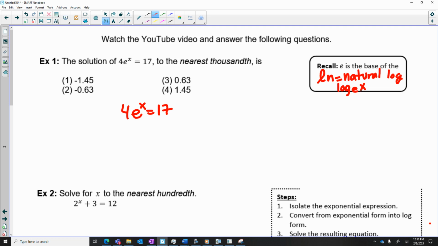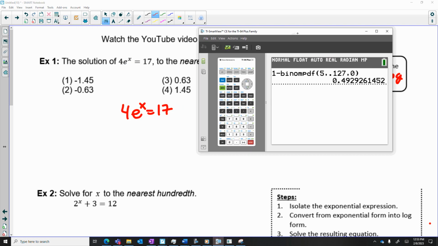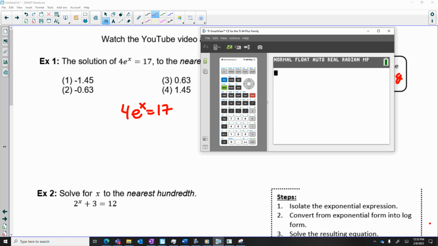Now, of course, with any multiple choice question, you could sit there and plug in the choices. And I do want to encourage this with multiple choice as a strategy to solve. So for example, choice 1, I could plug in 4 times e to the negative 1.45, and see if I get 17, which I don't.